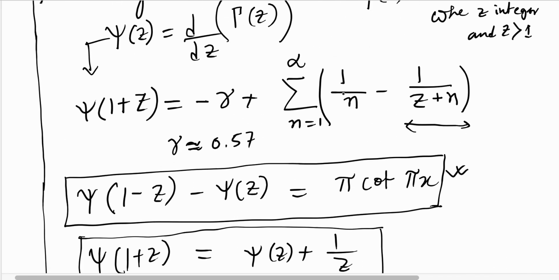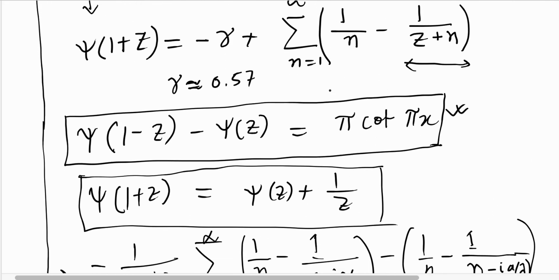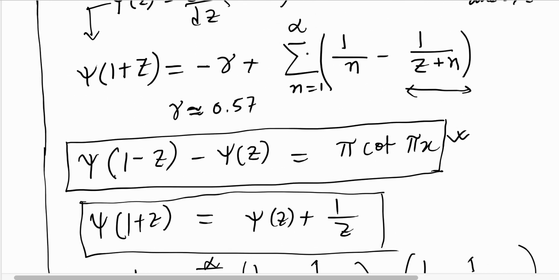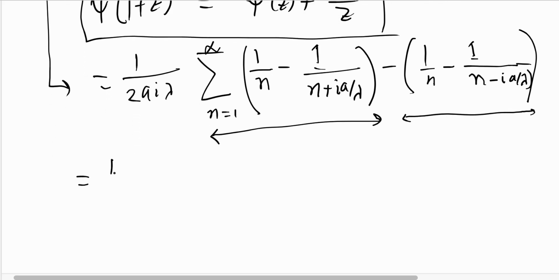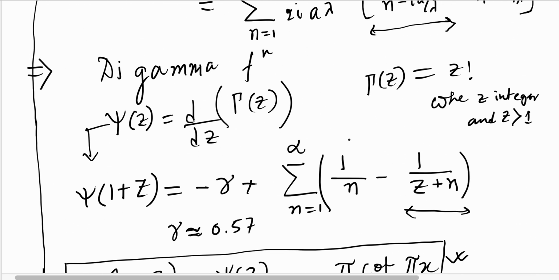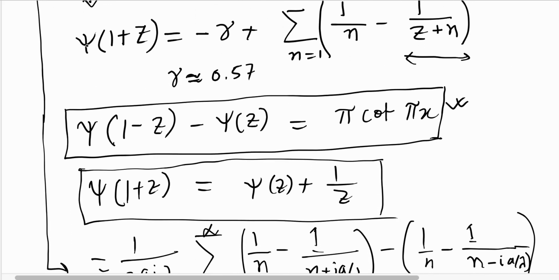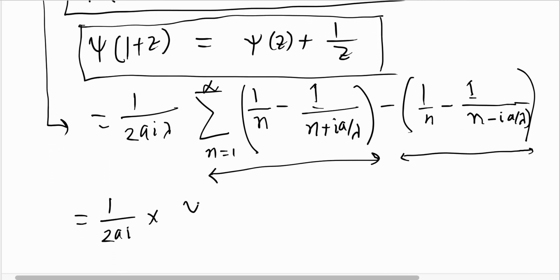Now you can see that I can use this formula directly, because now it is in this form. The summation of this term gives me a digamma function, and the summation of the other term also gives me a digamma function. The digamma form of 1 by n minus z plus n is psi of 1 plus z, so this will be psi of 1 plus ia by lambda, plus gamma.